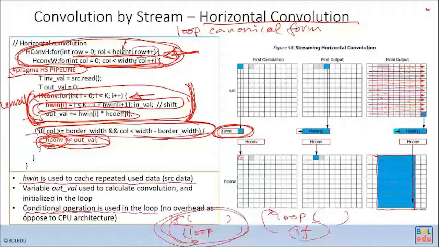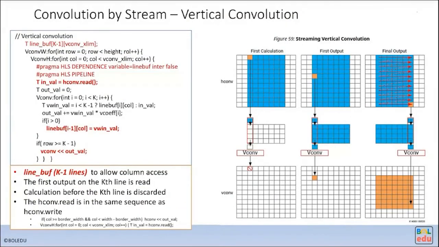Okay, so that's some key things in the coding. Right now let's look at the vertical convolution. Remember, after the horizontal convolution, the data gets into the horizontal stream in this sequence.